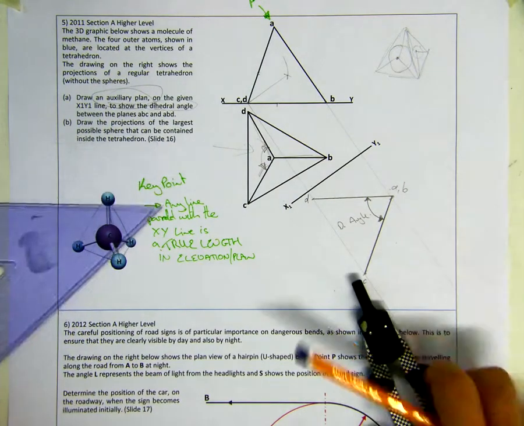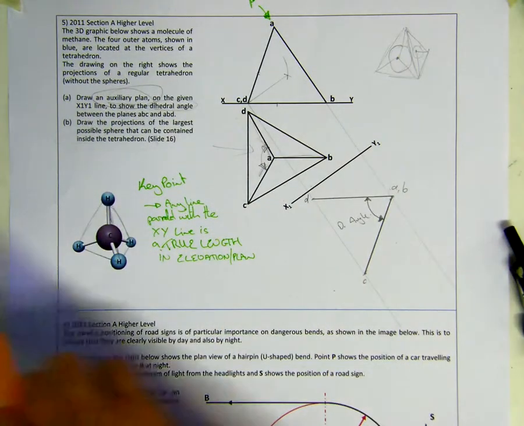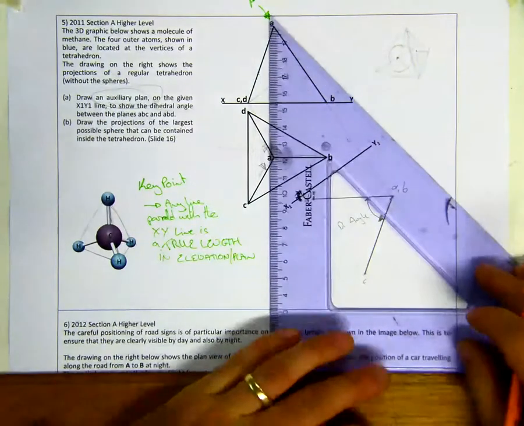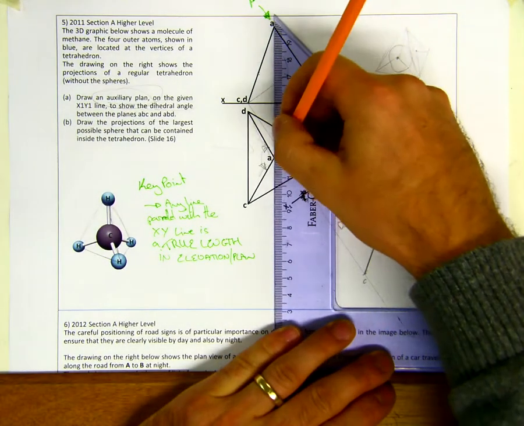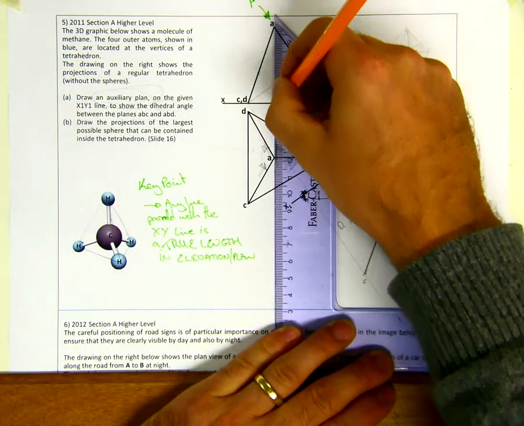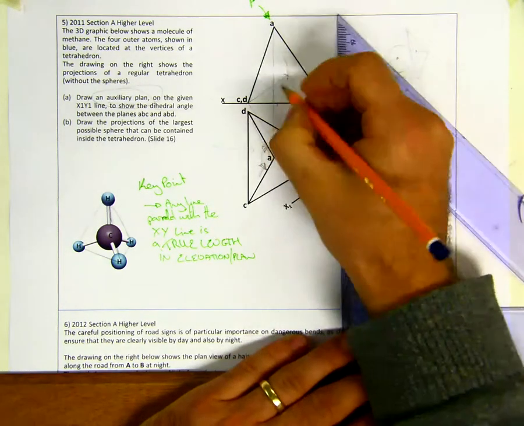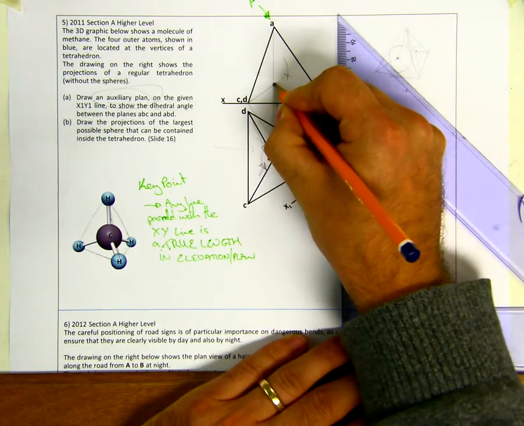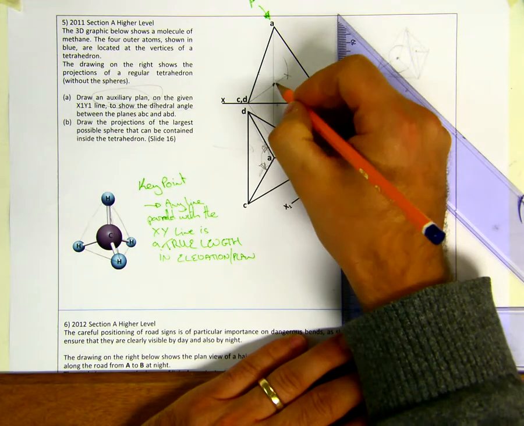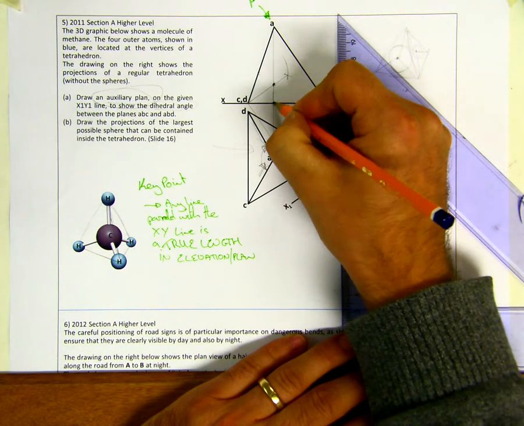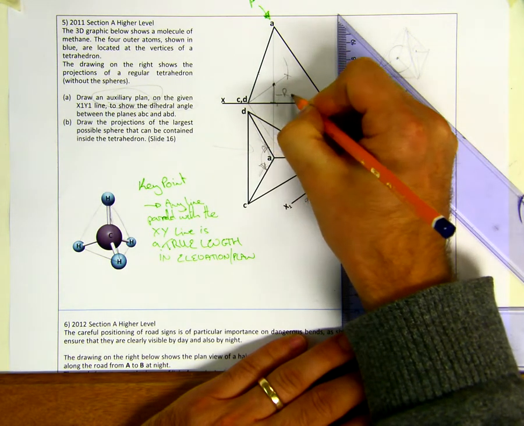Okay, we know then our center point, or the center of our sphere, is located below A. So we just have to bring A down. We can bring it down into our plan as well, because we're going to need it. And that is going to give us the center point of our sphere. The distance from here to the ground is going to be our radius.